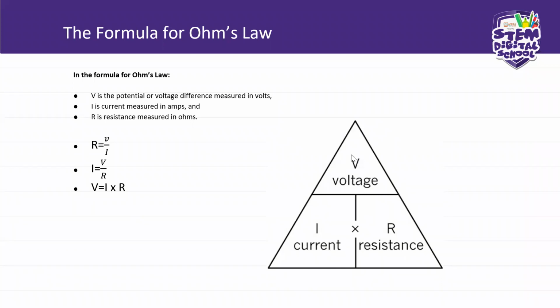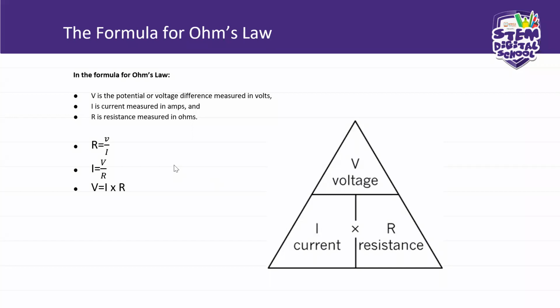Right, now let us look at the formula that we use to calculate voltage, current, and resistance, because these are related. In a circuit, you find voltage in the power source, and current and resistance in the output components, okay?